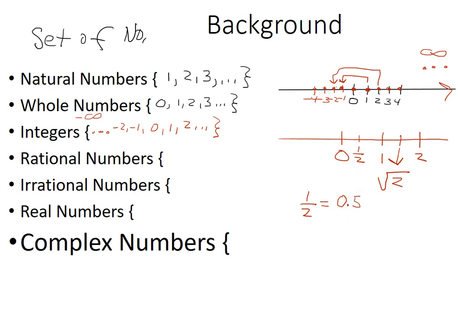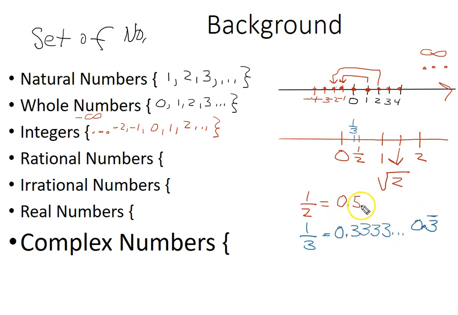Now another one, and I'll change colors again here, is about 1/3, which is right about there. If we were to convert that to its decimal form, that goes 0.3, and it's 3, 3, 3. It keeps repeating, and we often write it as 0.3 with a bar over the part that repeats.